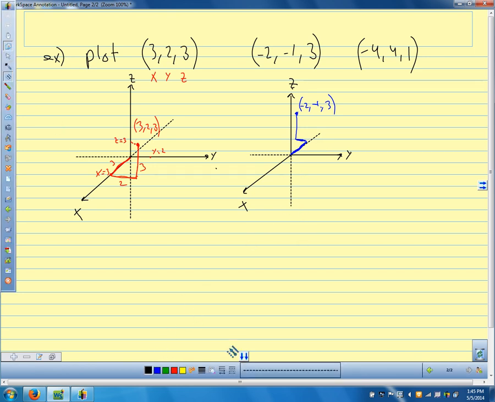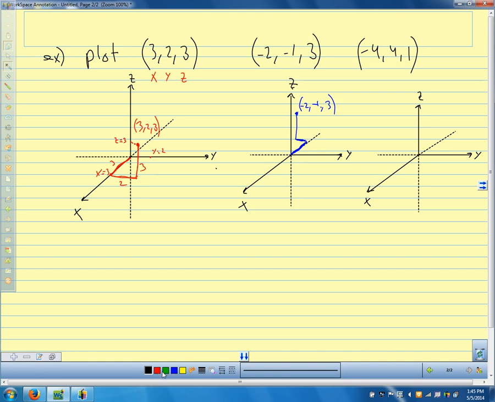And then finally, let's plot this last one. So we've got my z, the y, the x, and we're going to go -4 units in the x direction.